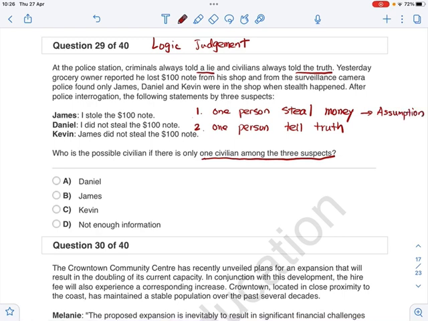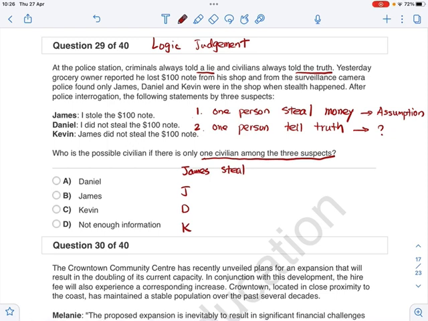So then we start using the diagram, we draw the table to see if the second criteria can be met or not. First one, let's assume James is the one who stole the money. Then we look at James, Daniel, and Kevin. Since only one person is telling the truth, let's see who is.